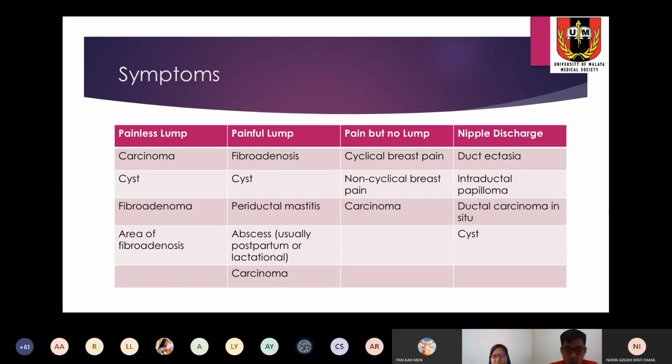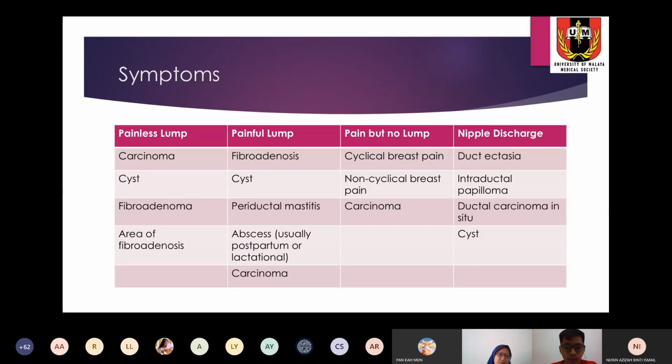From what I've read, the current nomenclature of breast carcinoma is divided into ductal and lobular. Is it important for us to distinguish between these two types of cancer? It is very important, because ductal carcinoma versus lobular carcinoma present differently.